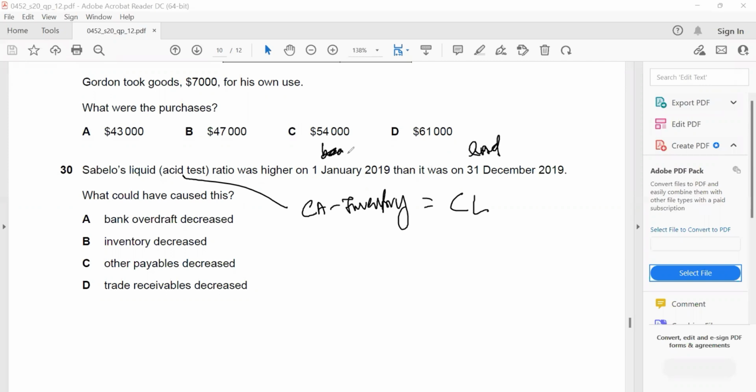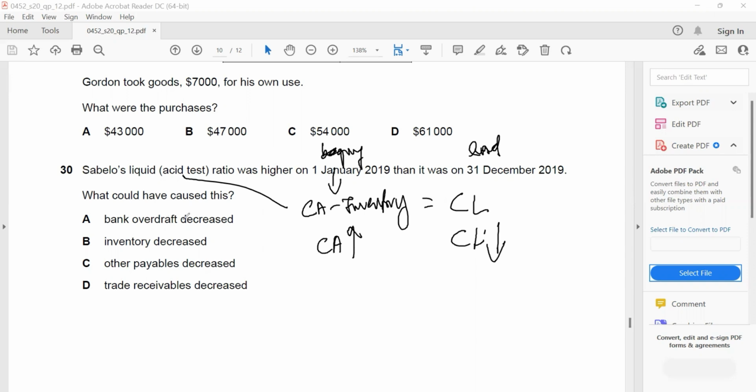So what could be the cause of this? The current asset may be lower and the current liability higher. Which one can give this situation?